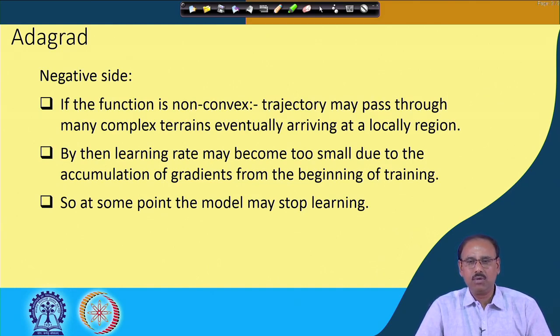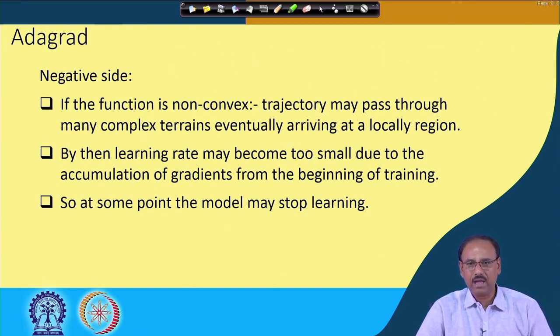So the moment it comes to a locally convex region, we want the algorithm to quickly converge to the minima of this locally convex region. But because the learning rate is being gradually reduced, it is being scaled by the square root of the sum of the squares of the corresponding partial derivative, and this summation is taken from t equal to 0.